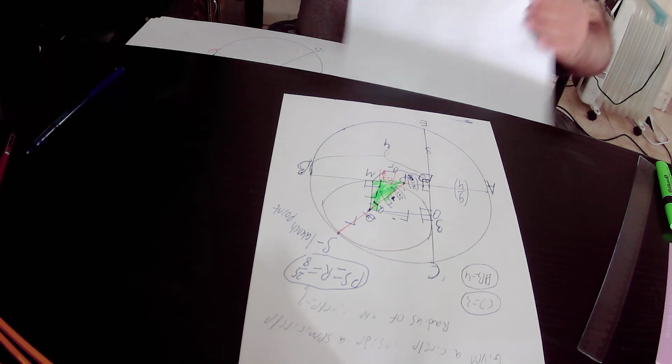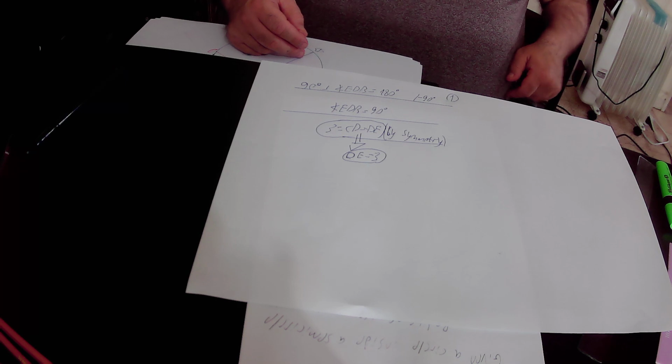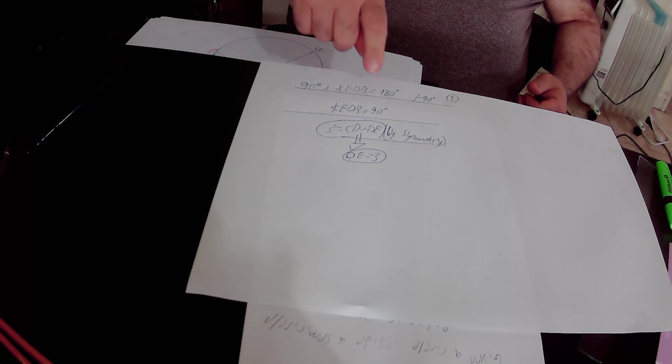Okay, here CD equals DE because DE is the mirror image of CD. Whenever you look at yourself in a mirror, you see yourself exactly in the same dimensions as you are in reality, but on the opposite side. The same thing is true for CD and DE.